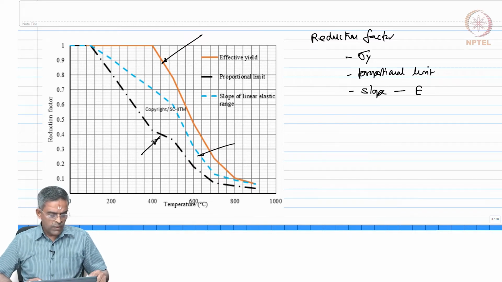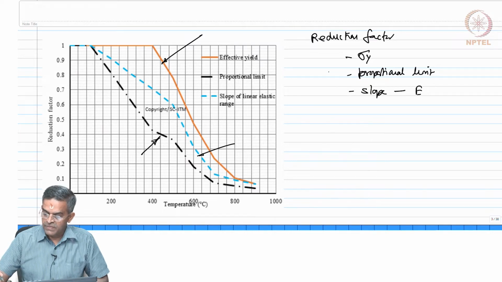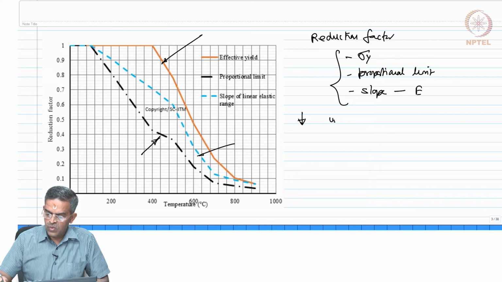One can see here from this figure, from the plot, the effective yield, modulus of elasticity and yield strength decreases with increase in temperature. So, all of these properties decrease with increase in temperature.